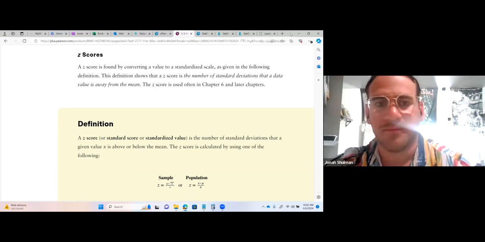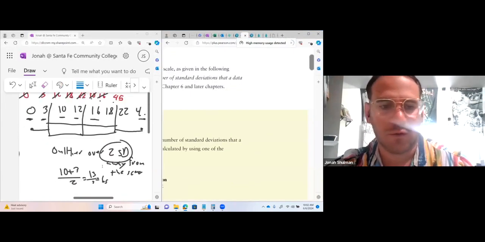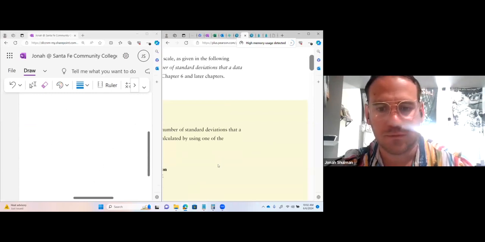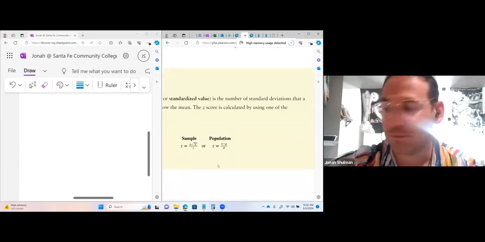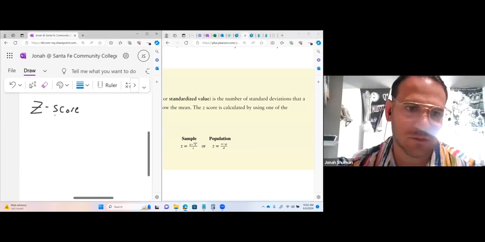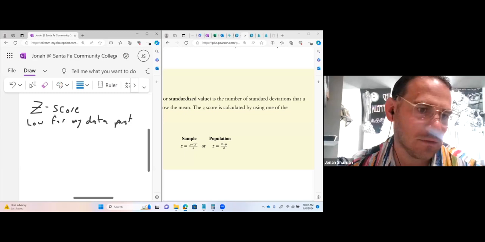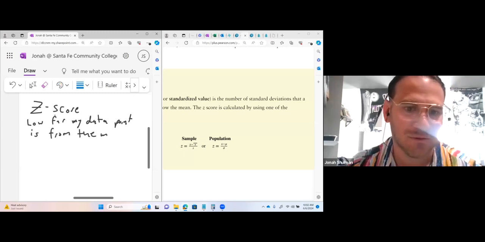Now, this shows us how far we are away from the mean, and they have it two different ways, one for sample and one for population. So remember the z-score: just think about how far my data point is from the mean. Cool?